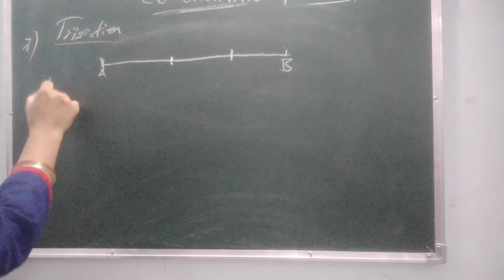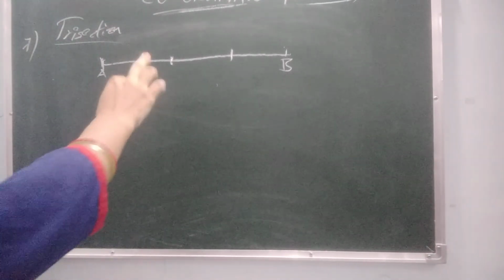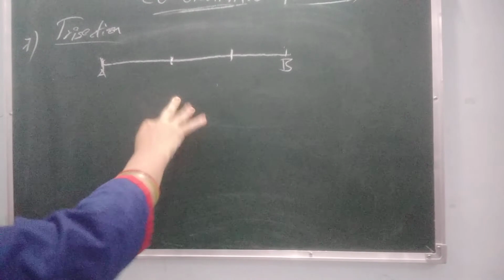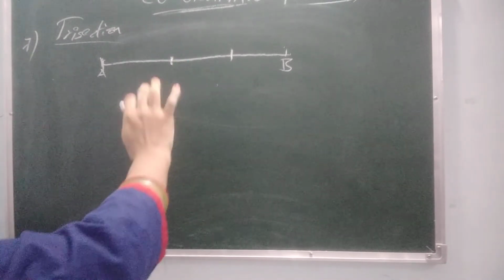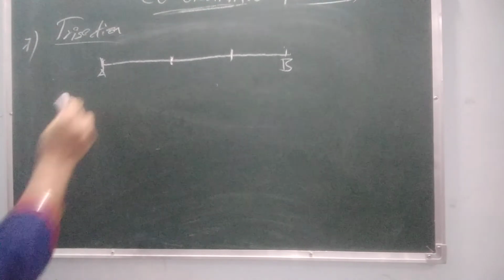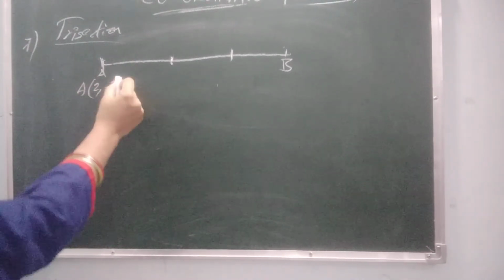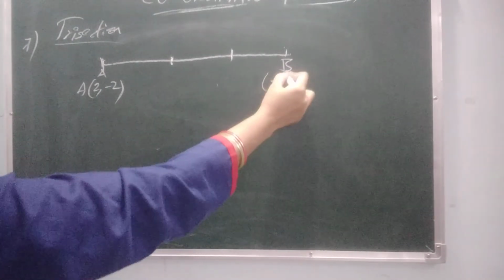If asked, please write down: find the coordinates of the points of trisection of the line segment joining the points A (2, -2) and B (-7, 4).